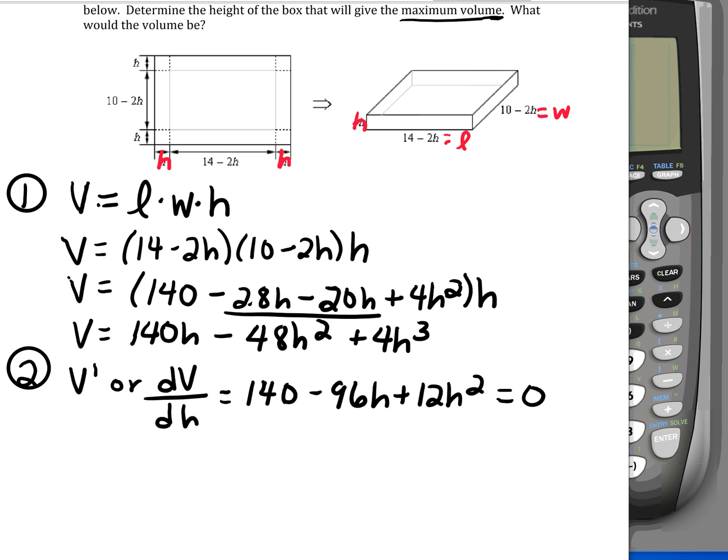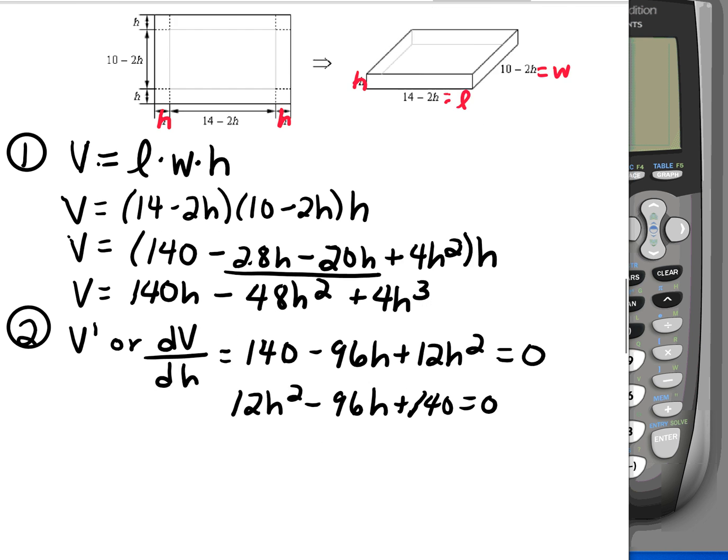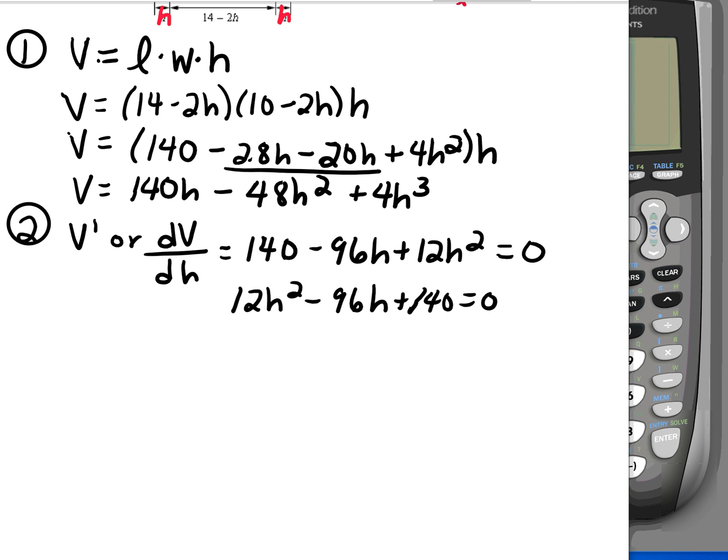Now it is quadratic. I'm going to rewrite it in descending order. And in addition, if you want to make it easier to see if there is factoring capability, which there unfortunately is not, you can take out a 4 and be left with 3h squared minus 24h plus 35.